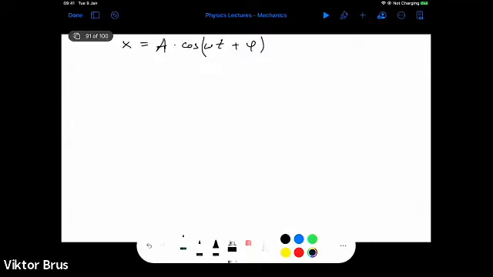So this parameter A, which stands in front of cosine, is called the amplitude of the oscillation, which means the maximum displacement of the block. Omega, as I mentioned before, is angular velocity, and it is equal to square root of k divided by m.